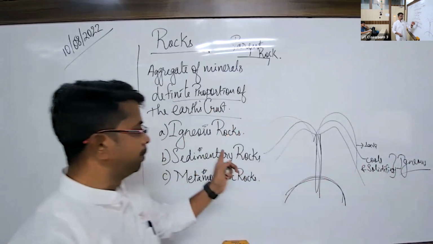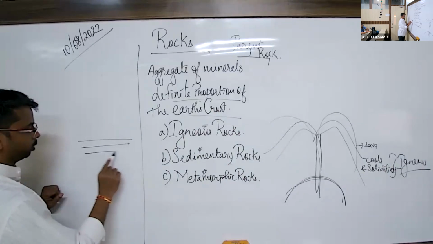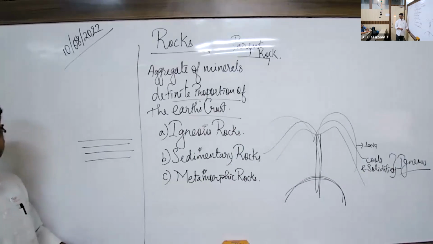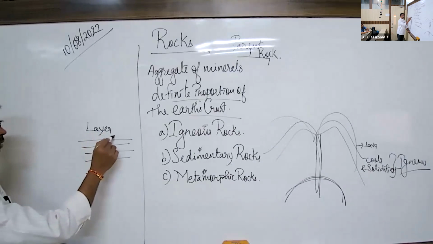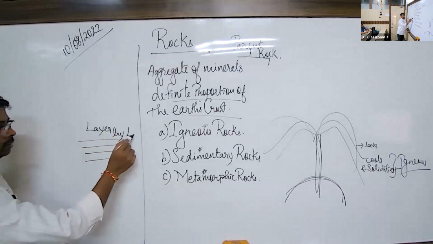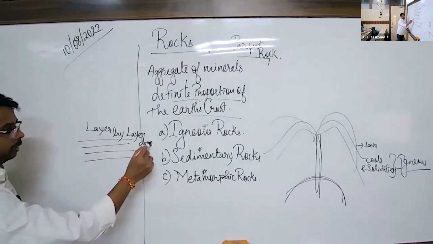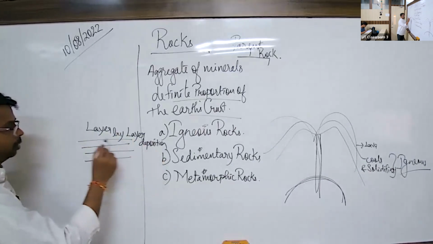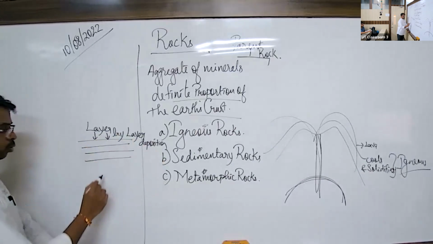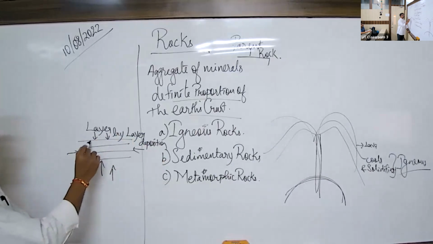Then I use the word sedimentary. If you love the sandwich, which is made either in your house or you get it from outside, we say it is layer by layer. You understand the word layer by layer? Yes. Deposition. Correct? Layer by layer deposition first. Then horizontal compressional forces and tensional forces act.